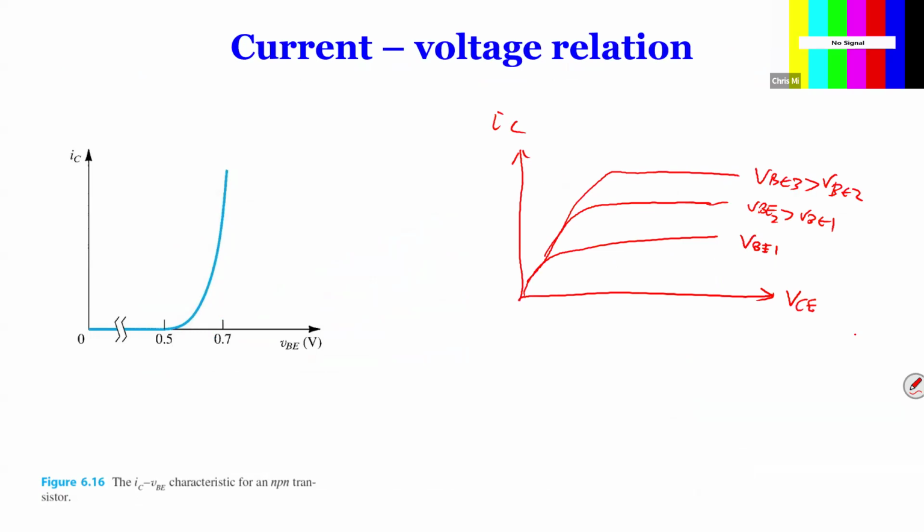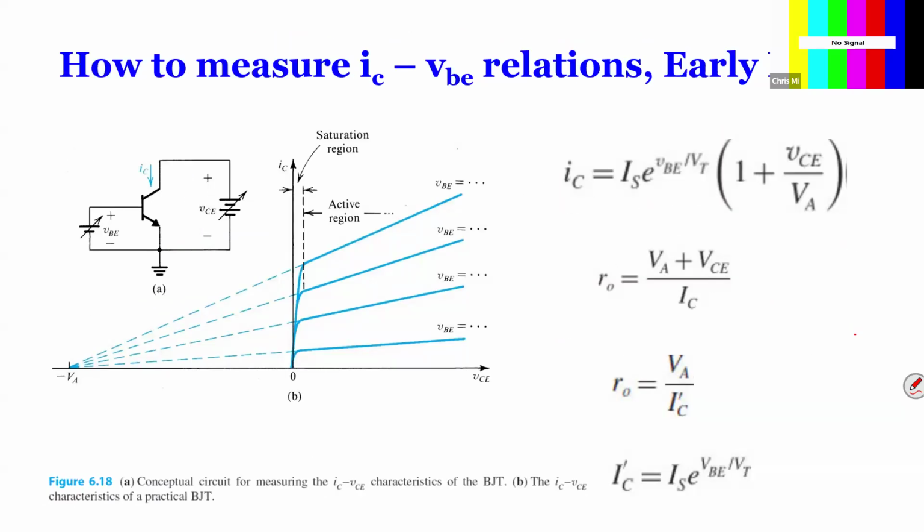What happens is when VC increases for a given VBE, let's just take one curve, like the bottom curve over here, as VC increases, that current actually increases a little bit. And that is a slope. So initially, what we were saying is that this one here is going to be constant.